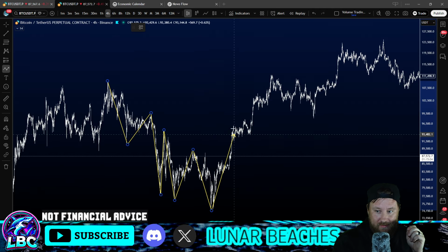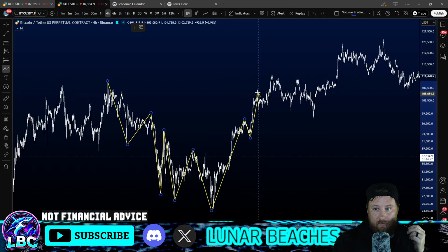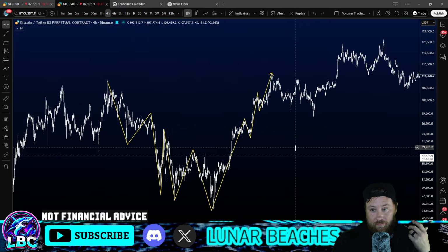And we don't break that until this move right here, which is very strong and impulsive. And then you get all the way up to the high before you get a pretty decent pullback. This is more consolidation, more rangy. This is big push down, okay? Another push up, big push down, one last push up to take out this high, and there you go.